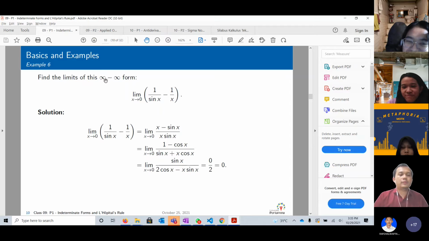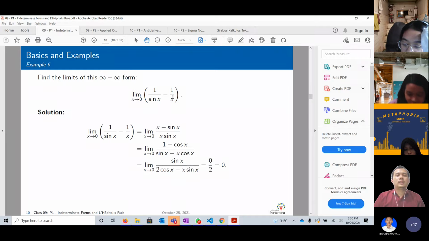Now, if we find form infinity minus infinity, then we can rewrite them like this. Jadi di sini kalau kita masukkan langsung, ya 1 per sin 0 adalah 0, 1 per 0 infinity, kemudian 1 per 0 lagi infinity, ya.